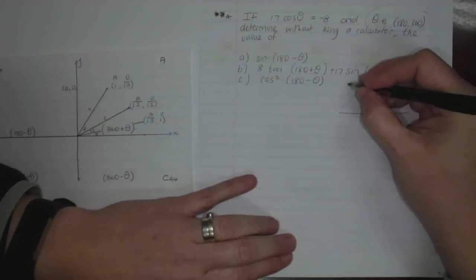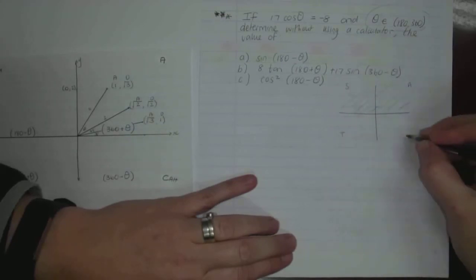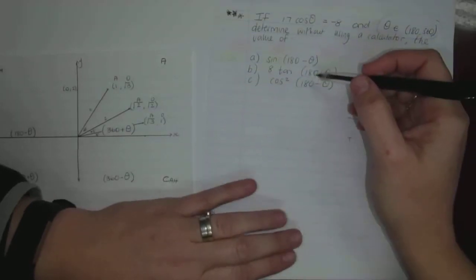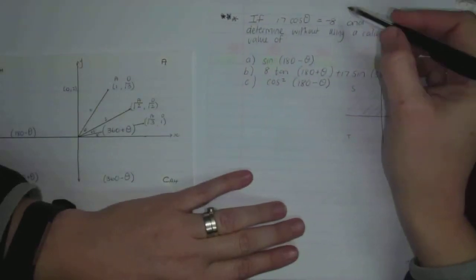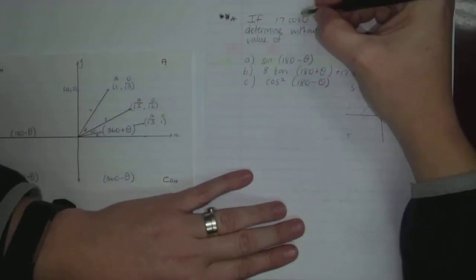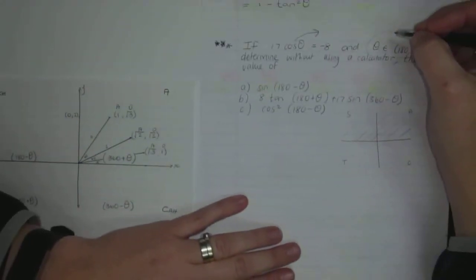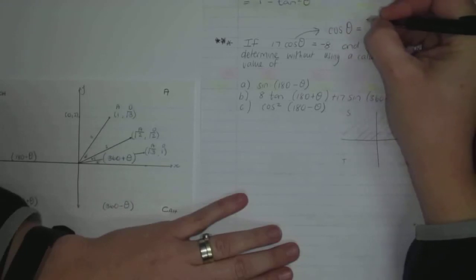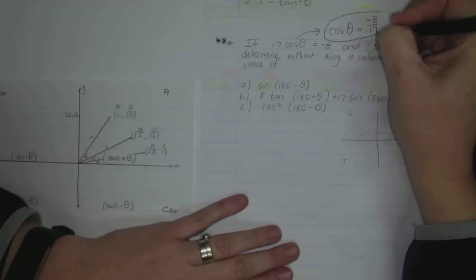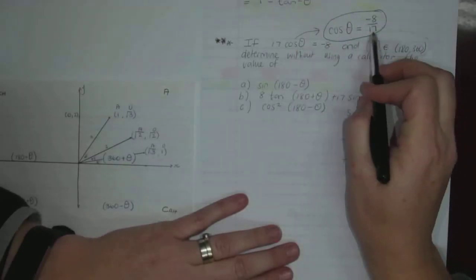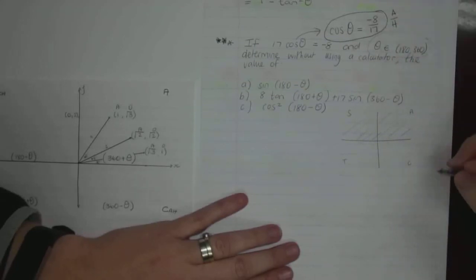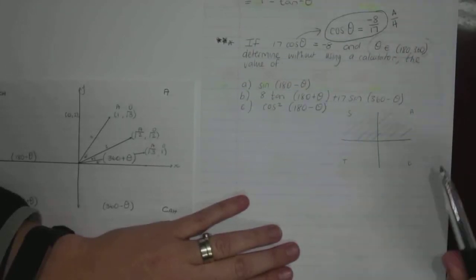So I'm just going to make my little crib note there, and when I look at 17 cos theta equal to negative 8, I can write that as cos theta equals negative 8 over 17. So I got my ratio A over H.